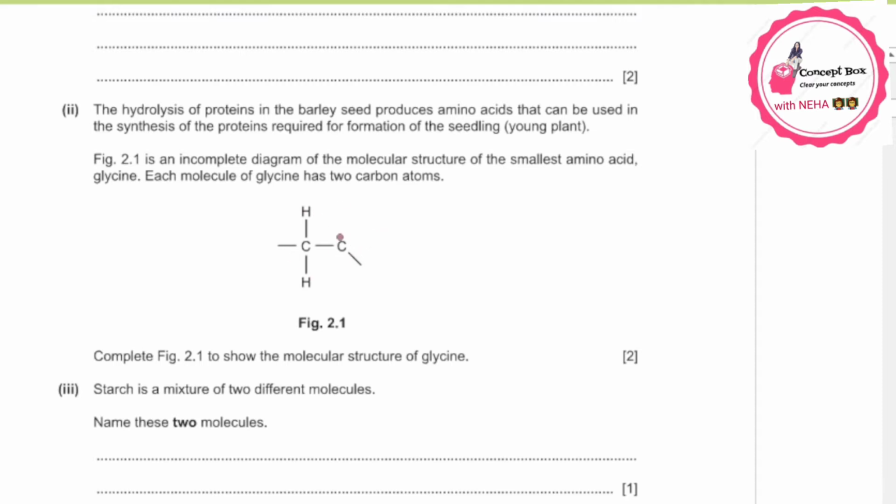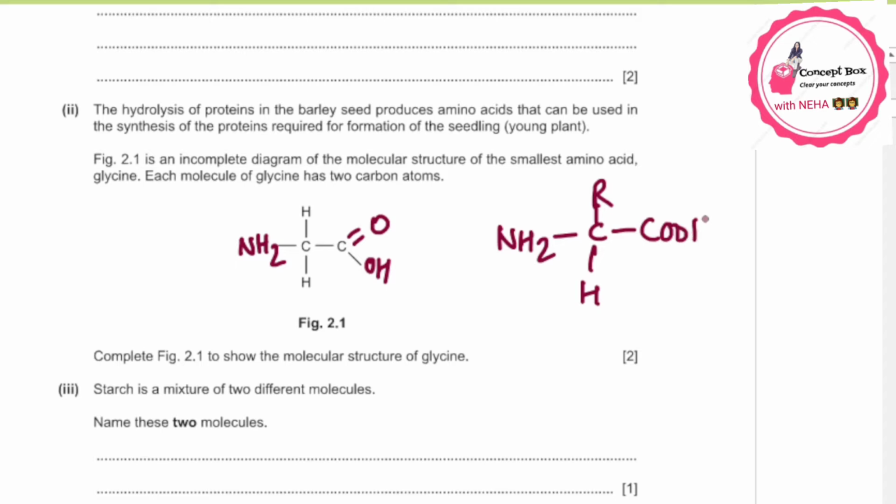We know that the formula is NH2, a central C with R and H, and C double bond O, OH. That is the carboxylic acid group, the amine group, and R is the functional group, and one hydrogen is there. An amino acid is also known as a substituted methyl group because it substitutes the H from here, here, and here also.